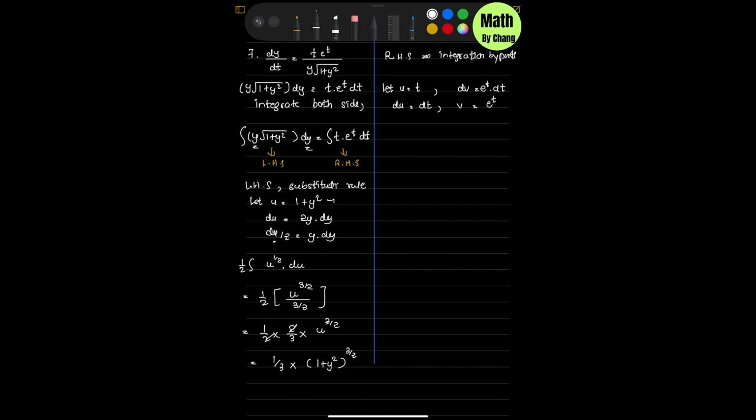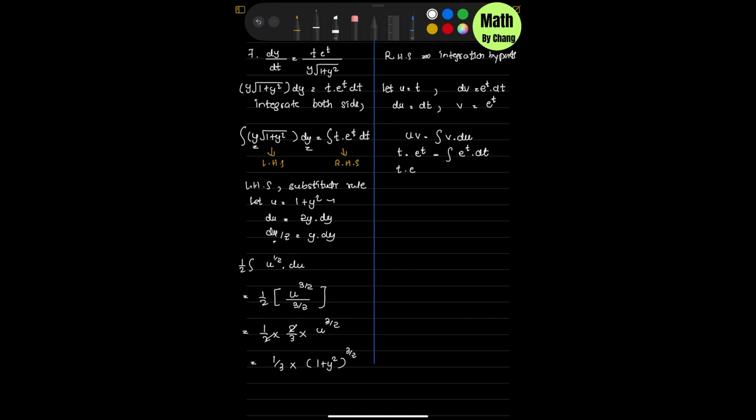So the integration by parts formula to remember is uv minus the integral of v du. So u here is t and v is e^t, minus the integral of e^t, and du is equal to dt.